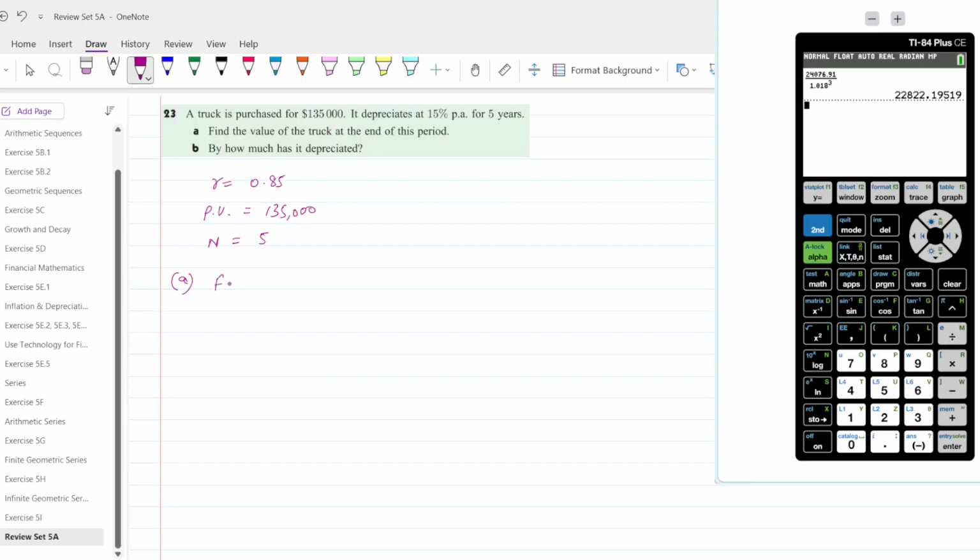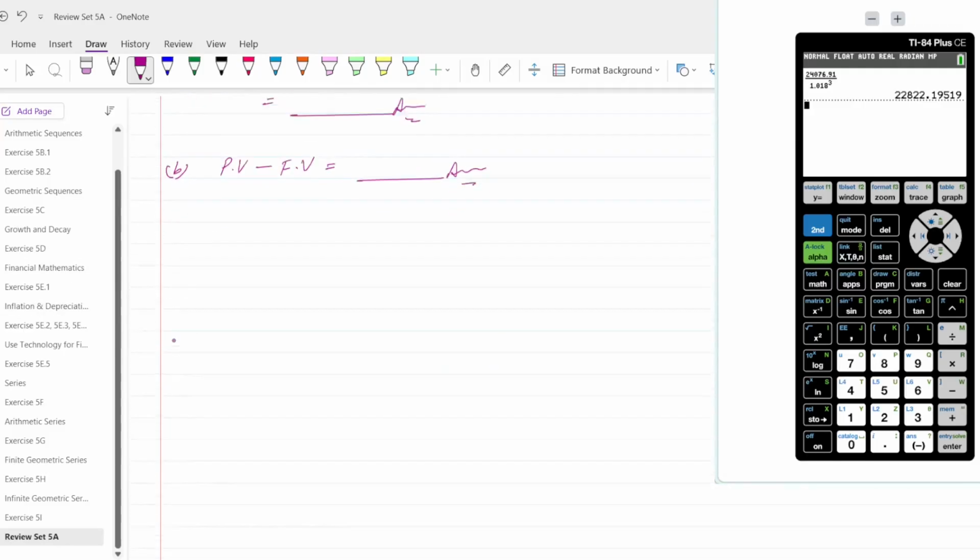So future value is going to be present value times R raised to the power n. Present value is 135,000 times 0.85 raised to the power 5. This value is going to be the answer. By how much has it depreciated? Let's say, so PV minus FV is going to be the answer here. Let's go to the next problem.